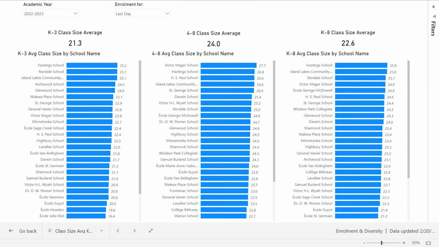Because it is about class size. And those who say class size doesn't matter haven't been in a classroom. It's as simple as that. If you suggest class size isn't a thing, you haven't been in a classroom.